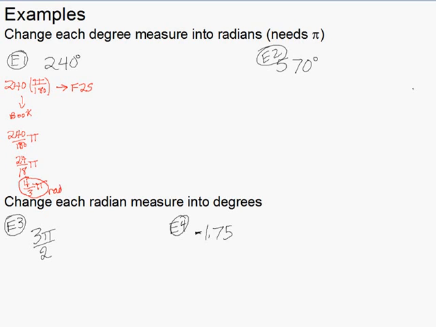Over here, the way I did it, I just typed into the calculator 240, put a parentheses, do pi, and then divide by 180, okay? And remember I said don't round until the end of the problem, but here is the end of the problem. And you approximately have 4.2 radians. There we go. It'll be 4.2 radians, okay?